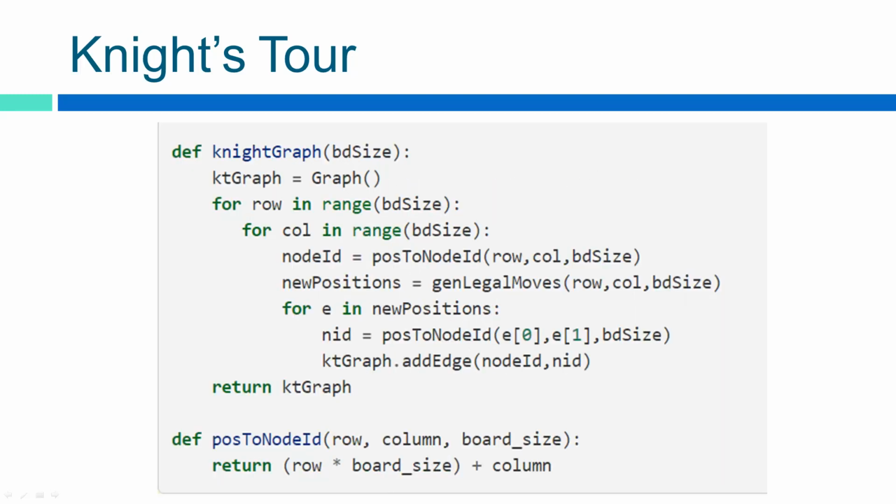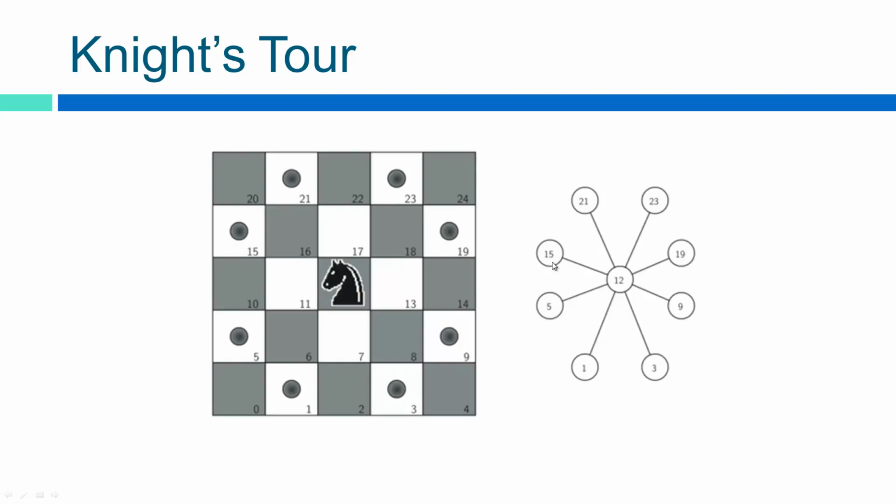Basically what it does is create a list of legal moves for that position on the board. Then all the legal moves are converted into edges in the graph. Another helper function, called position to node ID, or pos to node ID, converts a location on the board in terms of a row and column into a linear vertex number, similar to the vertex numbers shown earlier in this slide.